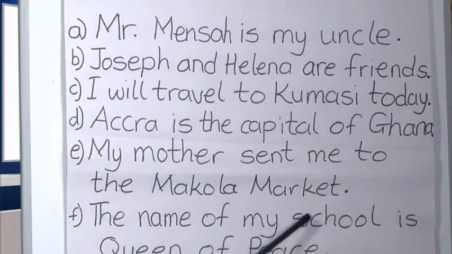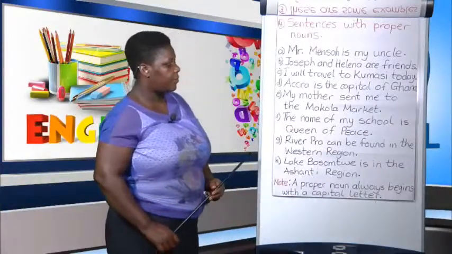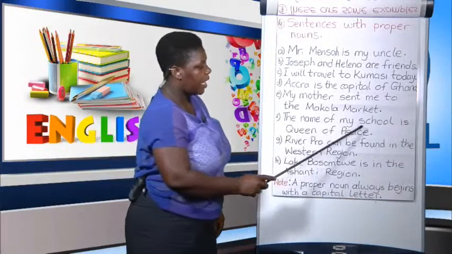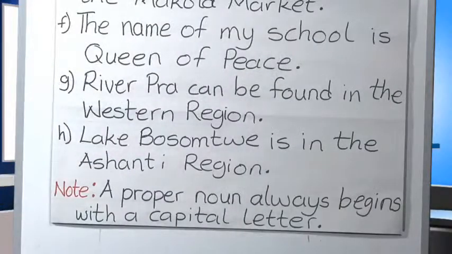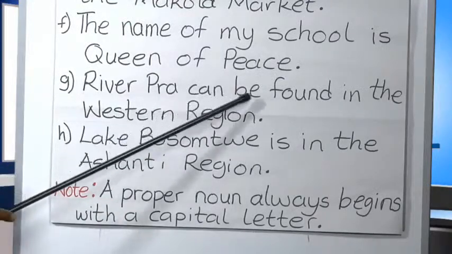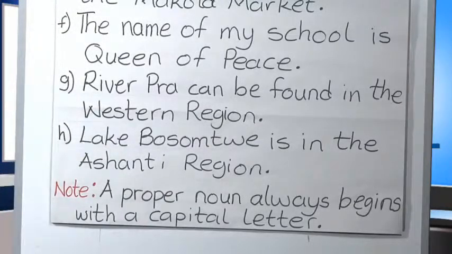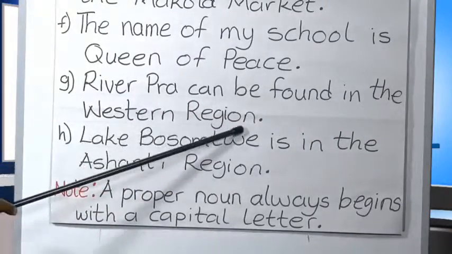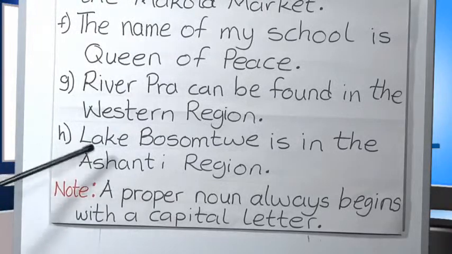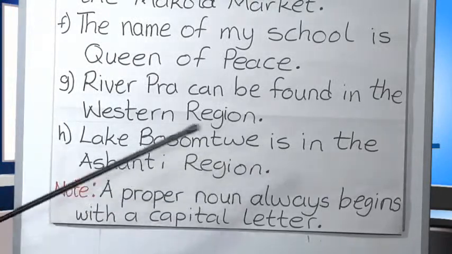The name of my school is Queen of Peace. River Pra can be found in the Western region.